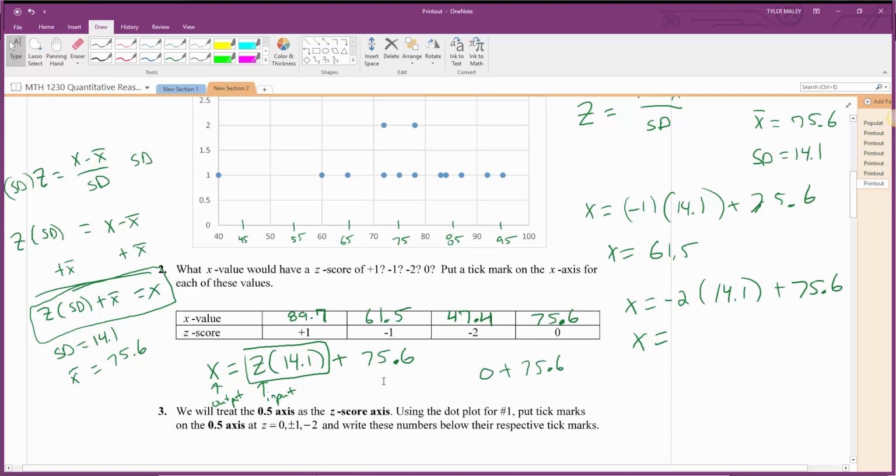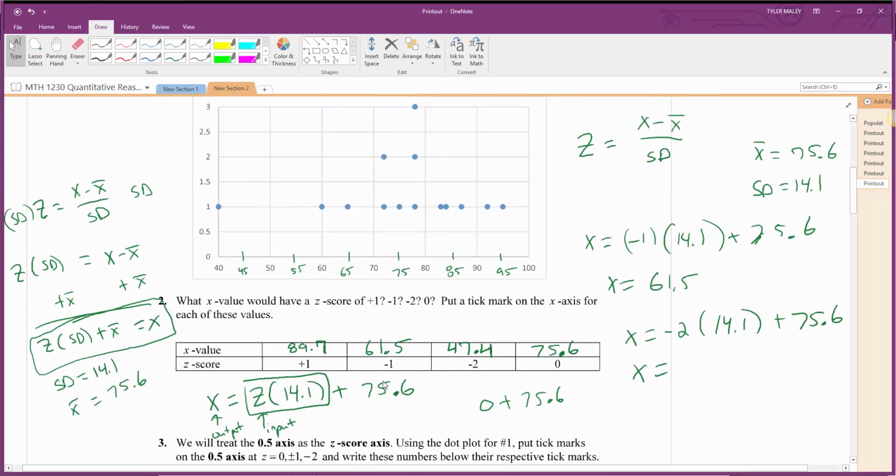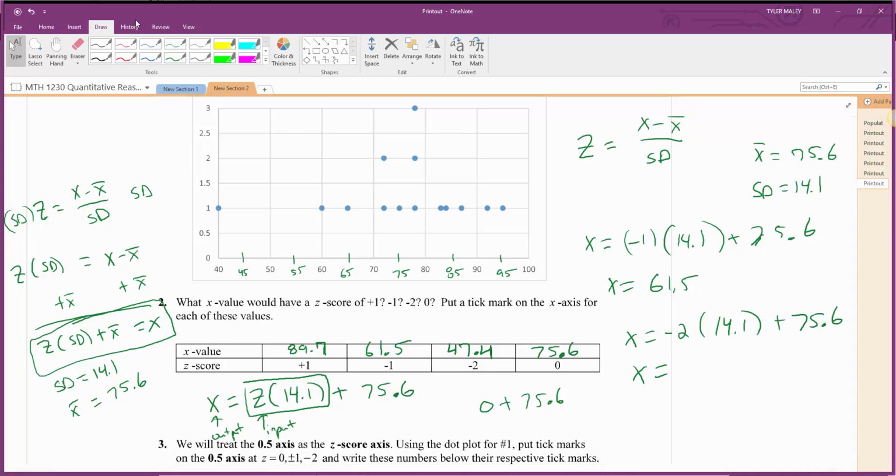And then we want to put a tick mark on the x-axis for each of these values. So let's do it in red. 75.6 would be about here.